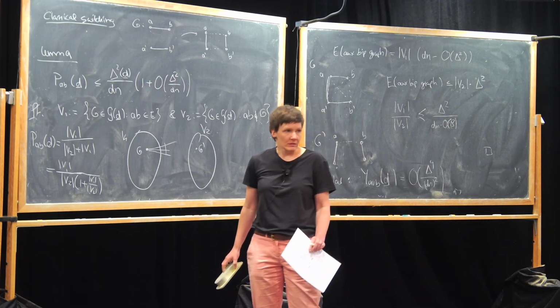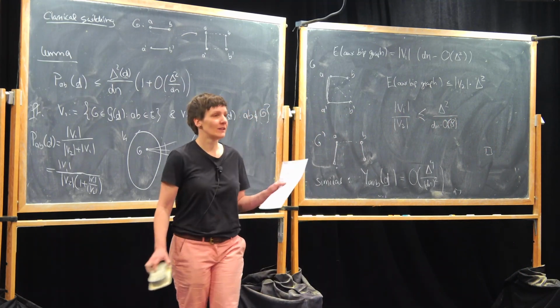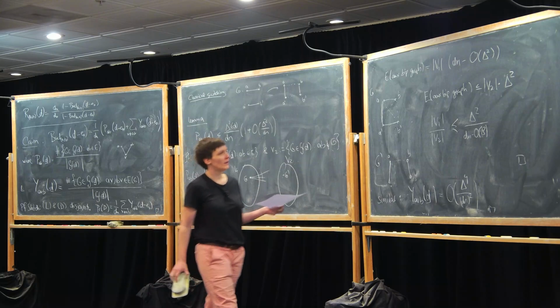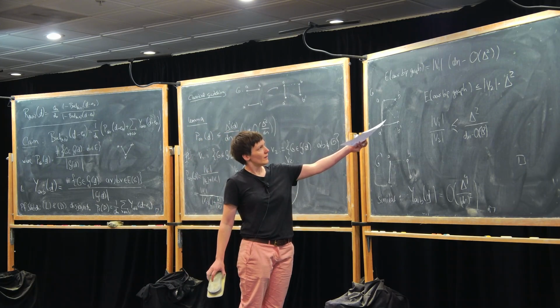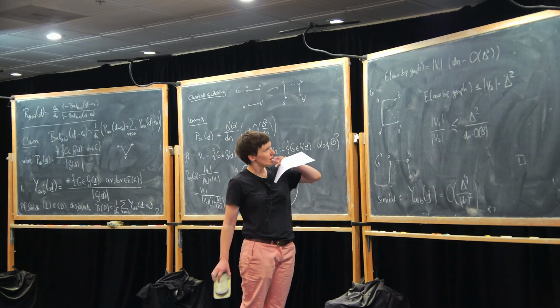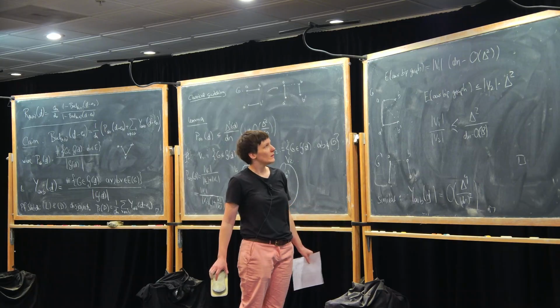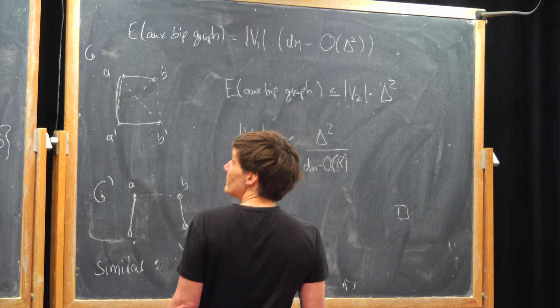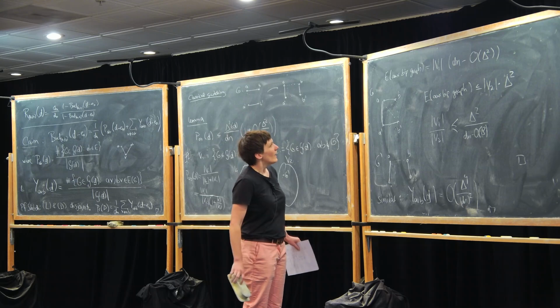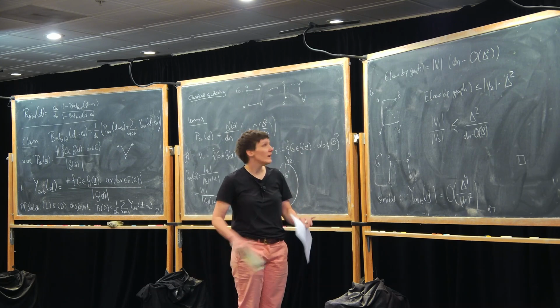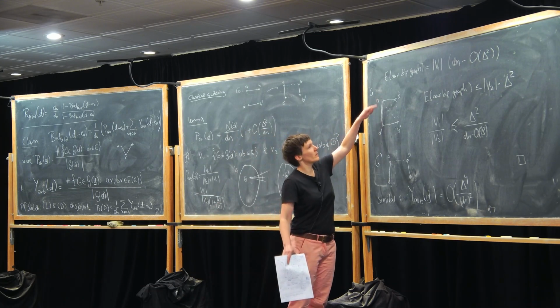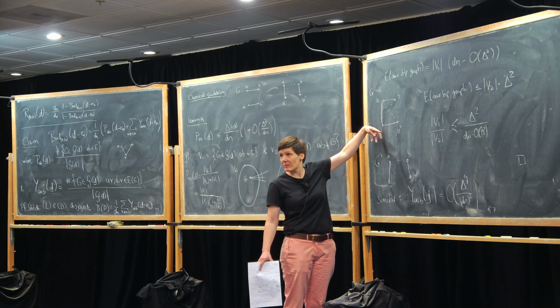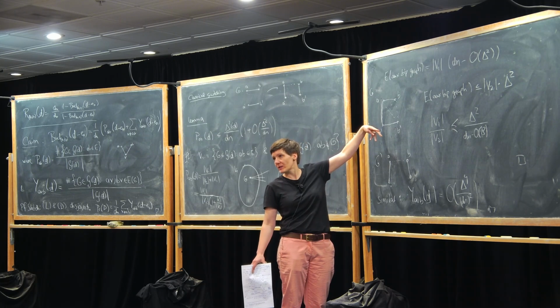Any question? Yes? So in your upper bound on the number of edges in this auxiliary graph, this delta squared could have been dA times dB. Is that right? Kind of, but you also want to say something about the degree of the neighbor, and then you lose all kinds of information.